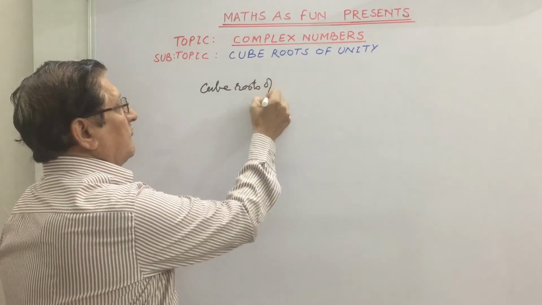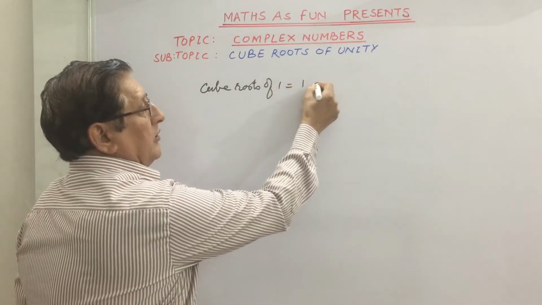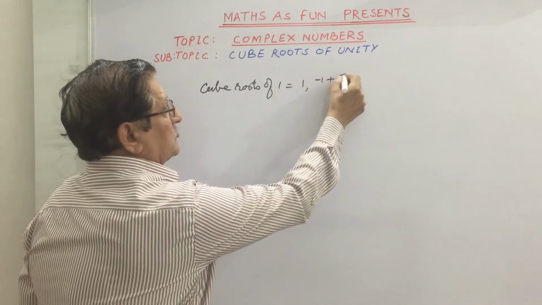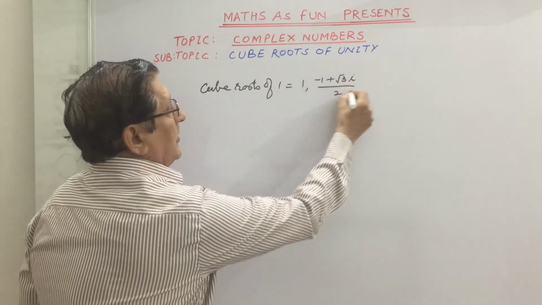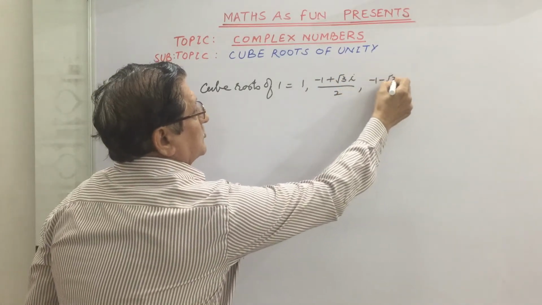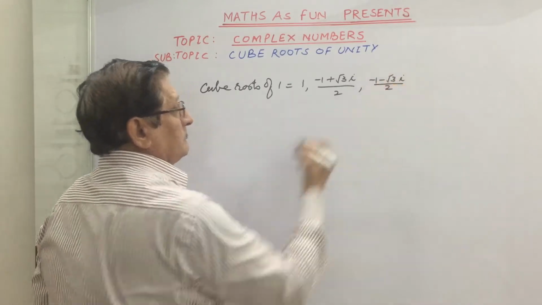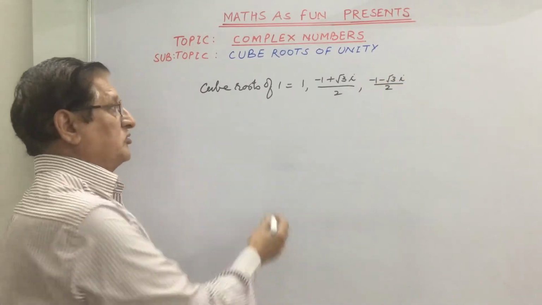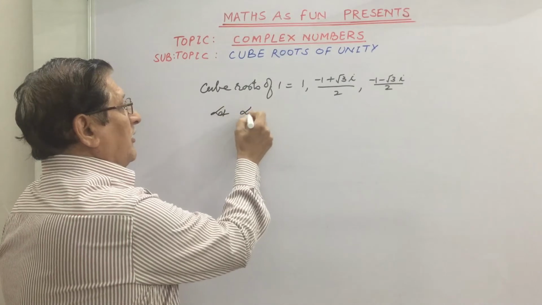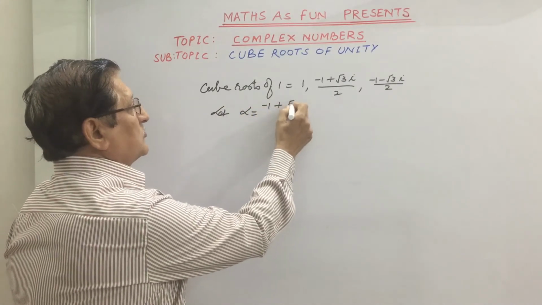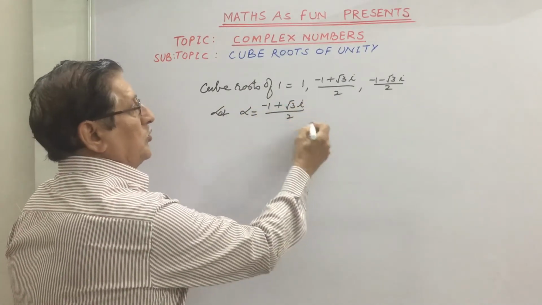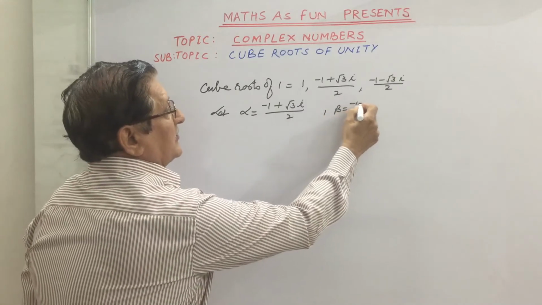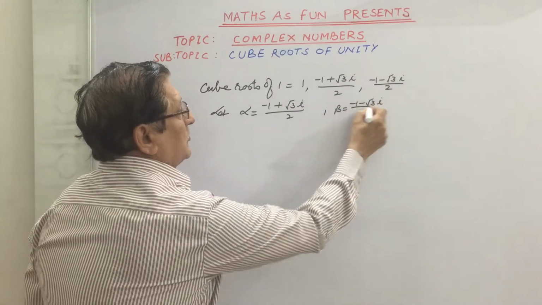Cube roots of 1 are 1, minus 1 plus root 3 iota upon 2 and minus 1 minus root 3 iota upon 2. Suppose we write alpha as minus 1 plus root 3 iota by 2 and beta as minus 1 minus root 3 iota by 2.